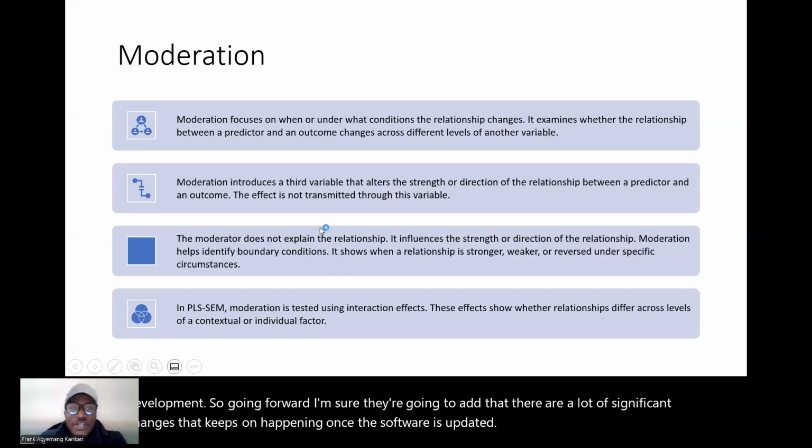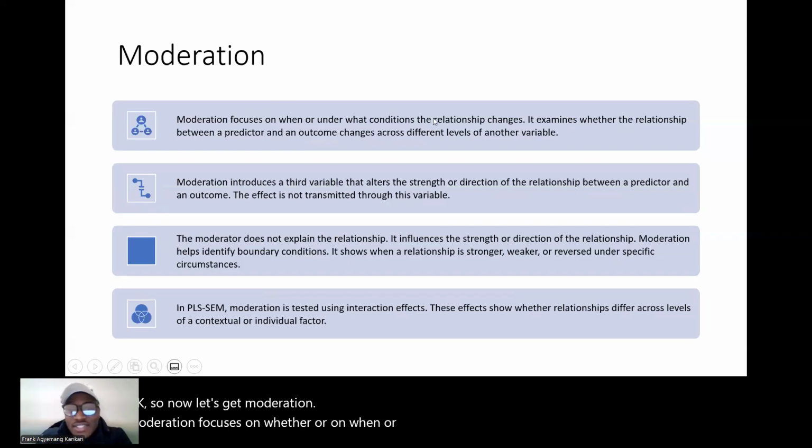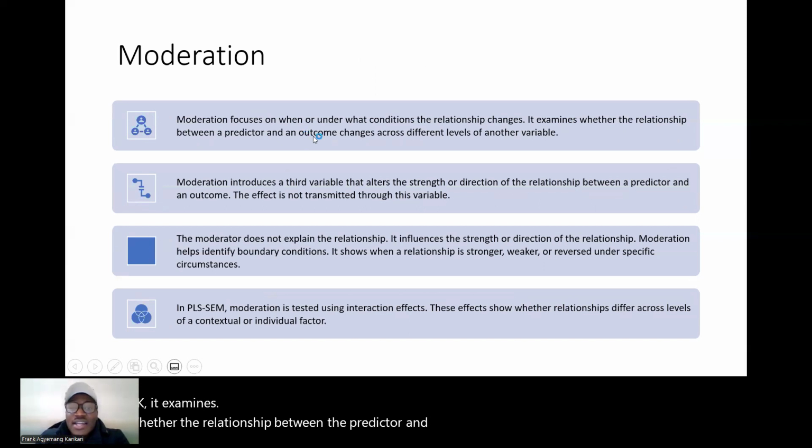Now let's look at moderation. Moderation focuses on when or under what conditions the relationship changes. It examines whether the relationship between the predictor and an outcome changes across different levels of another variable.